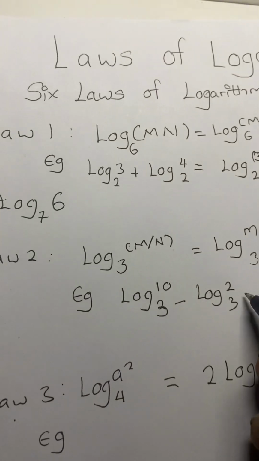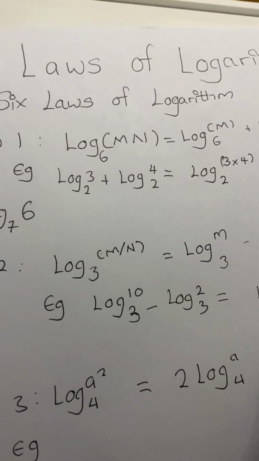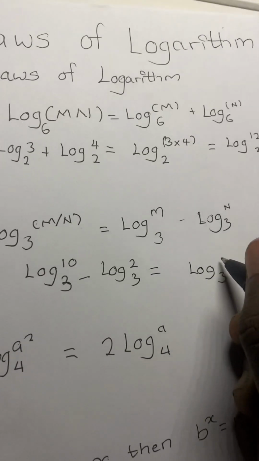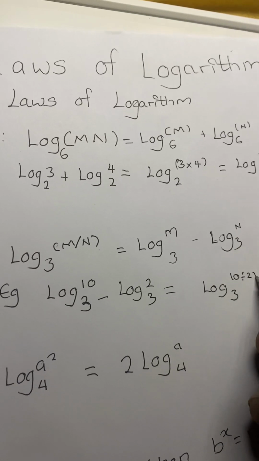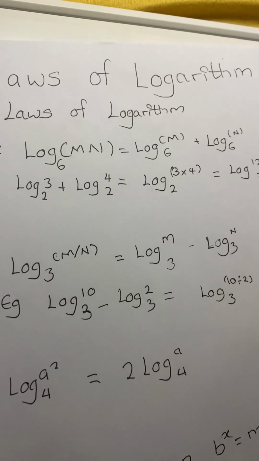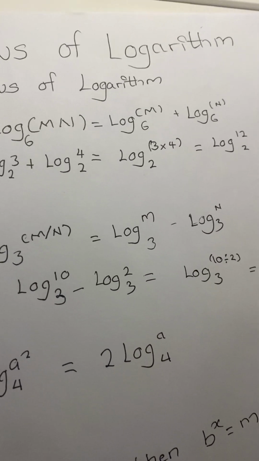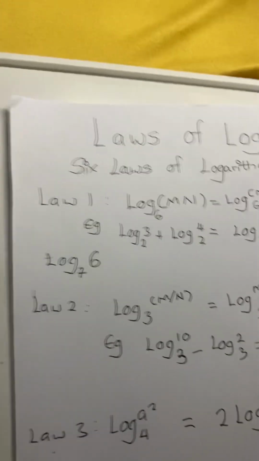So this means that we take our log in the base, which means log base 3 of 10 divided by 2, which is equal to log base 3 of 5. That's the second one.